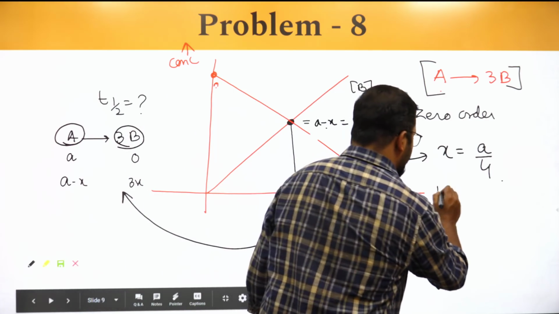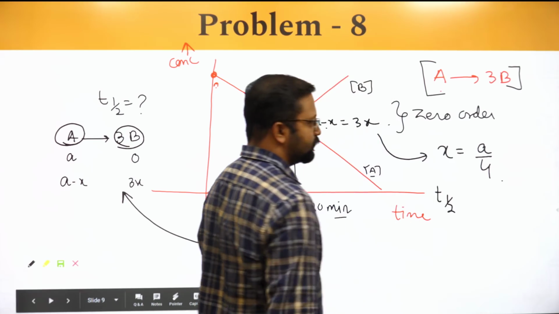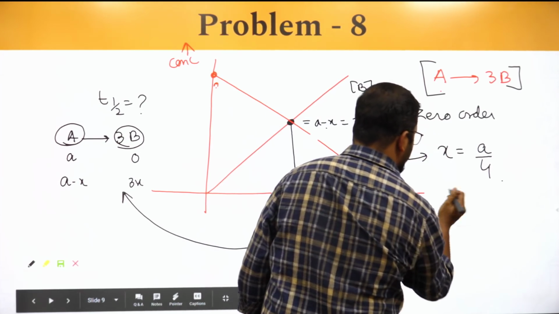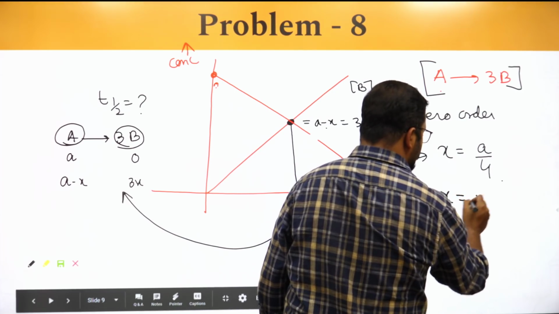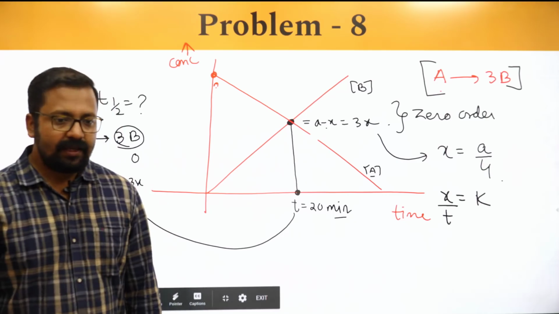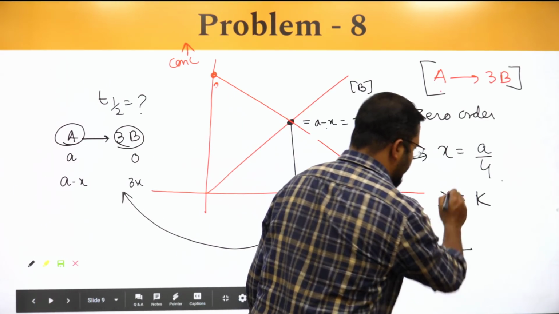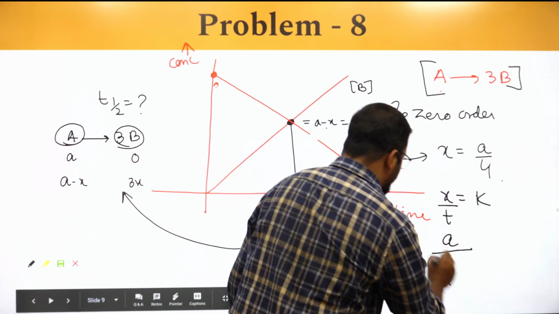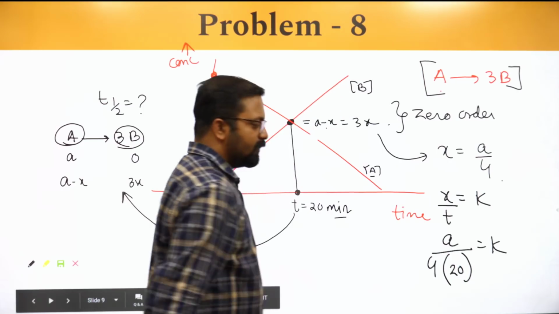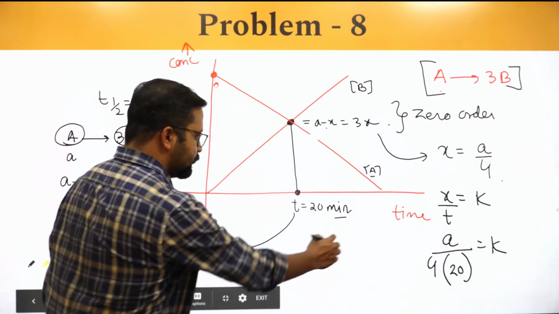Now what is T half? I can write X by T is equal to K, and X is equal to A by 4. The time is 20 minutes, so the value of K comes to A by 80.